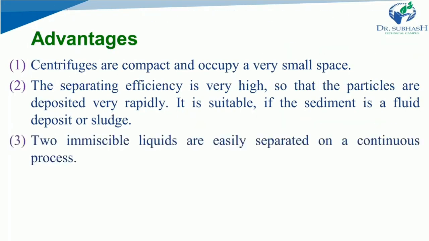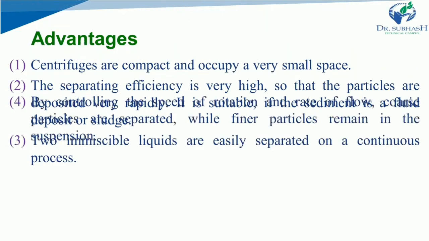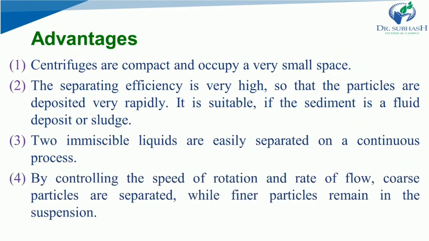Two immiscible liquids are easily separated in a continuous process. By controlling the speed of rotation and rate of flow, coarse particles are separated while finer particles remain in the suspension. When you control the speed of rotation and rate of flow, you can easily separate the particles that are a little bigger in size, while finer particles remain in suspension.